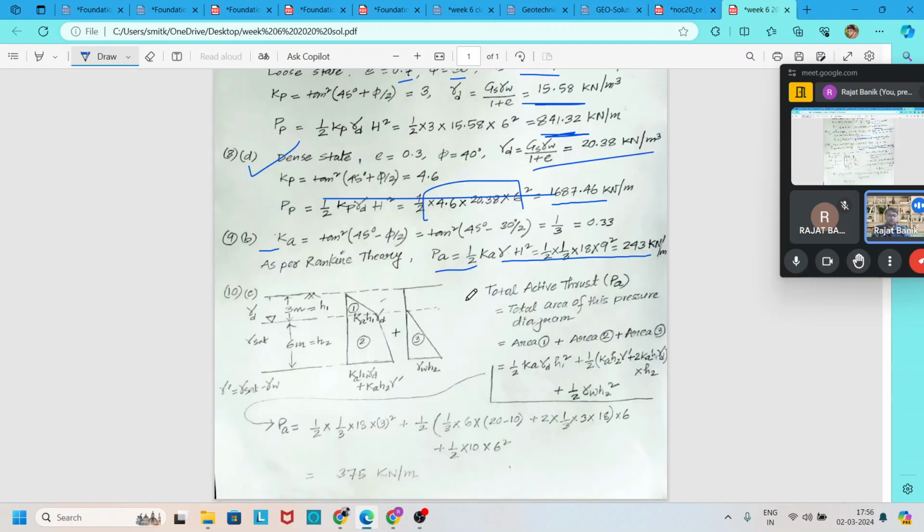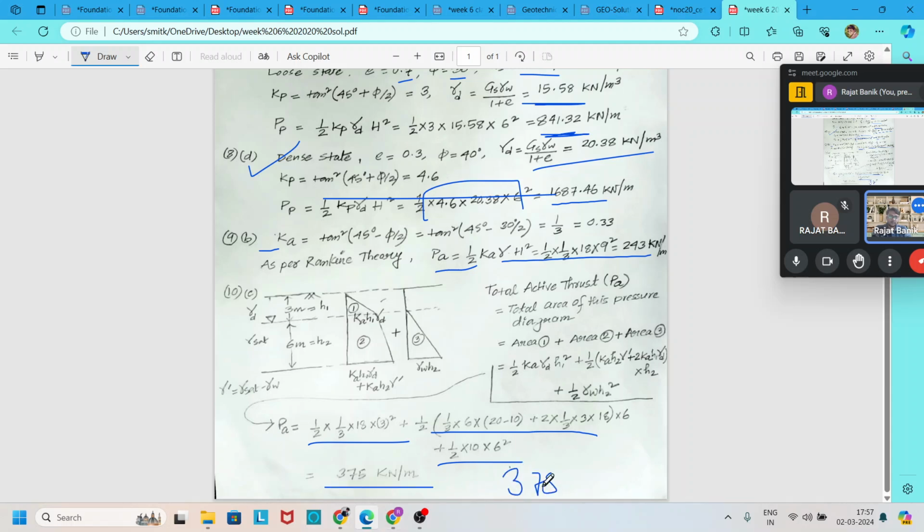I will also solve this question and share it with everyone, so please try by yourself. You see the area of the first triangle, the area of the second one, and the area of the third one, add all these areas, and it becomes 375 kilonewton per meter.